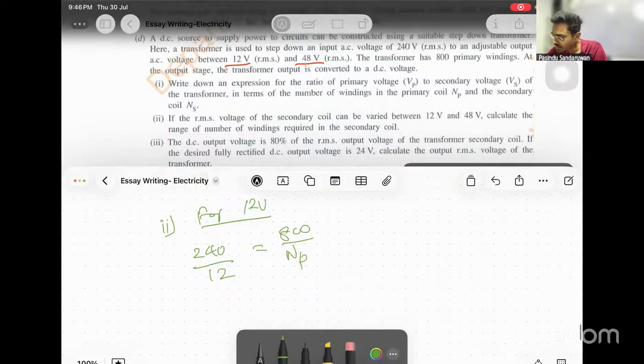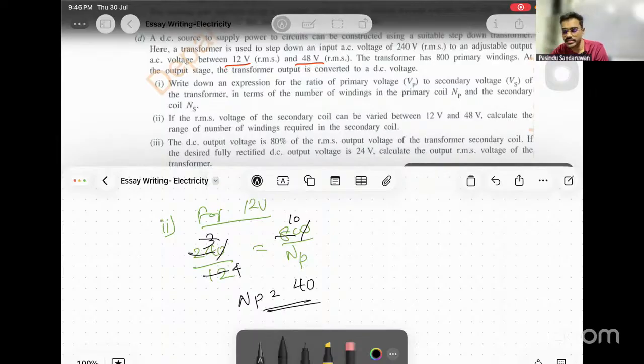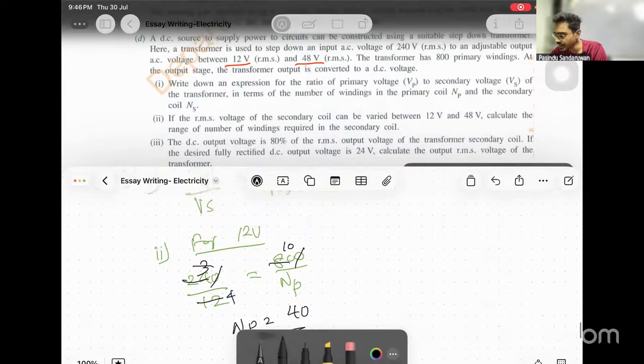Simplifying, the zeros cancel, 8 times 3 here, 8 times 10 here, then 3 times 4, so Np equals 40 windings.